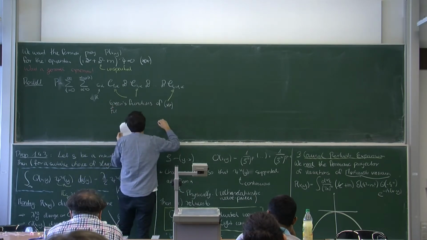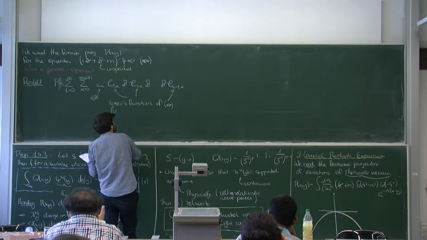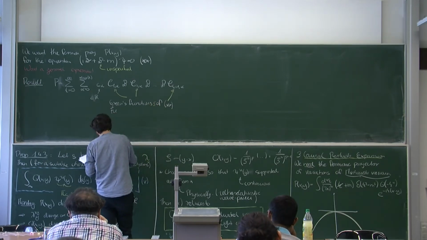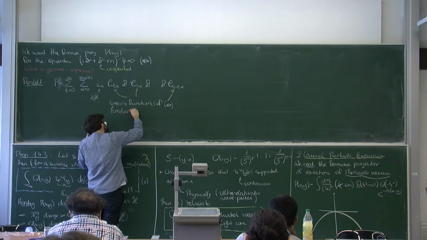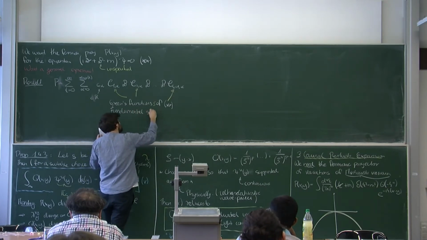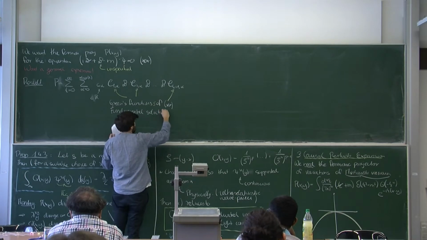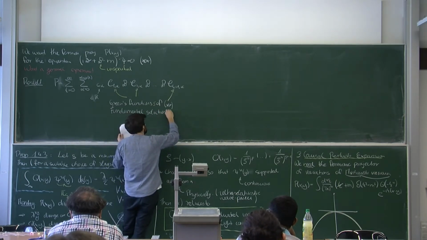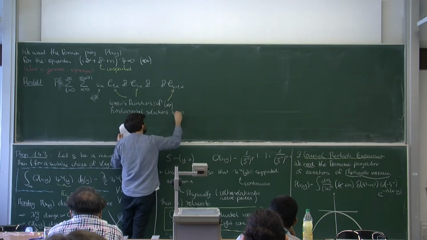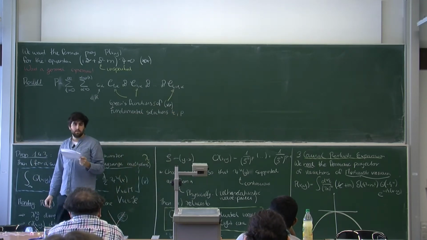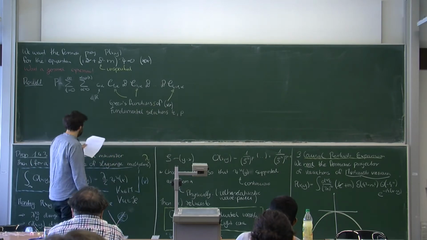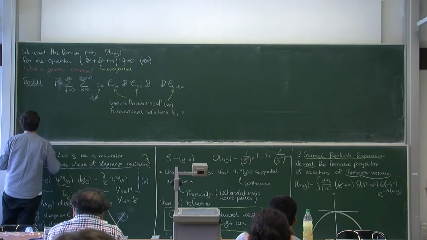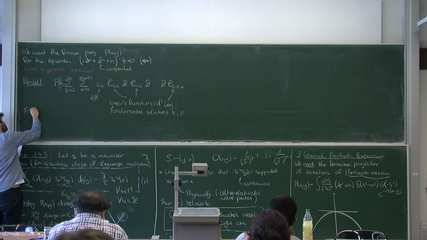The Green's functions will just get the symbol S. In fact, it's a combination of advanced and retarded Green's functions, or fundamental solutions. Again, don't worry if you haven't heard this term before. I will denote them by K or P. This is a combination of the advanced plus retarded Green's function. So, just to give you a feeling, how do the first terms look?